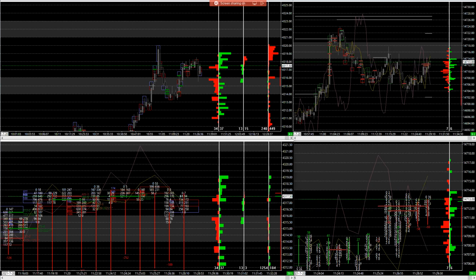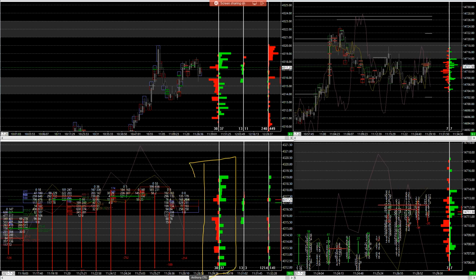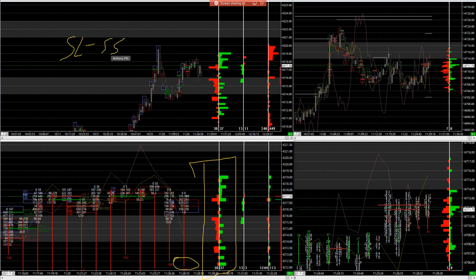So the bar itself, that profile, everything, it shows longs and shorts. The number that's on this vertical bar is stuck longs minus stuck shorts. But all the longs and shorts are still represented here.